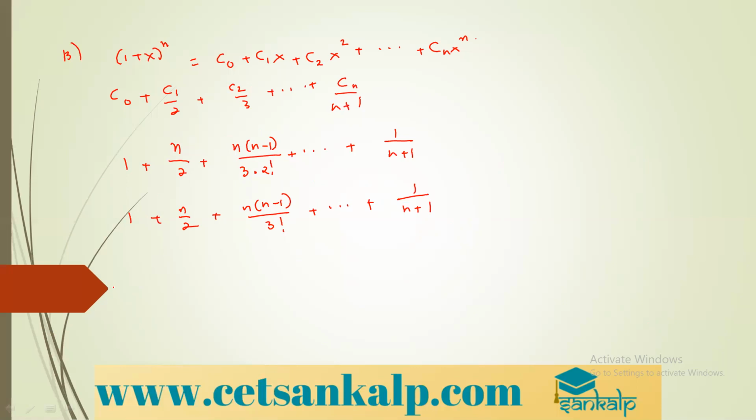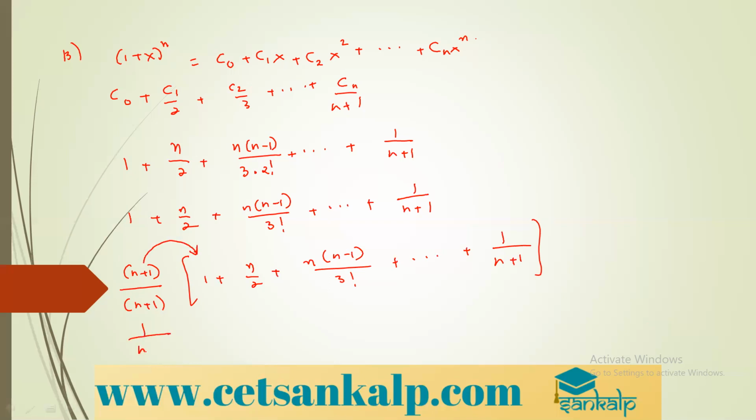Now what I will do is I will multiply n plus 1 and I will divide n plus 1 to this expansion. Why am I doing this? You will understand later in the next step. So I will distribute this n plus 1, but I will keep 1 by n plus 1 outside.